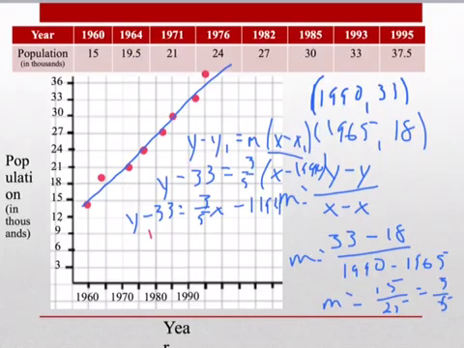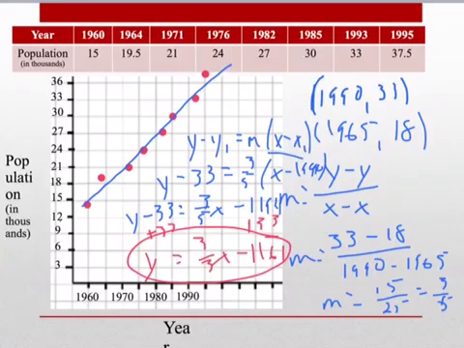Okay, so I need to move the 33. So add 33 to both sides. Negative 1,194 plus 33 is negative 1,161. So that is the equation for my line of best fit.